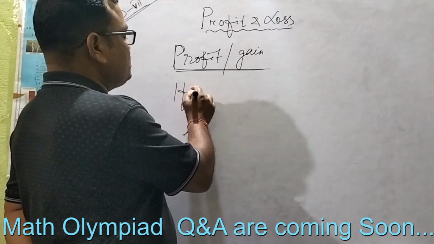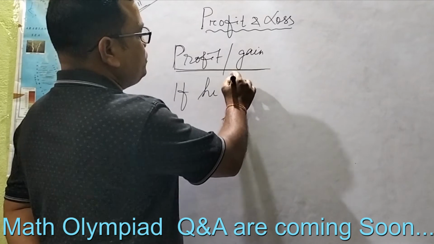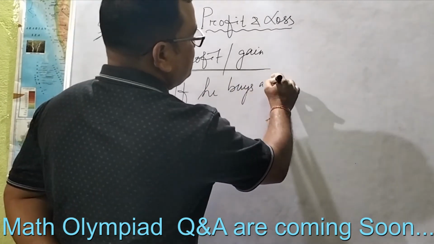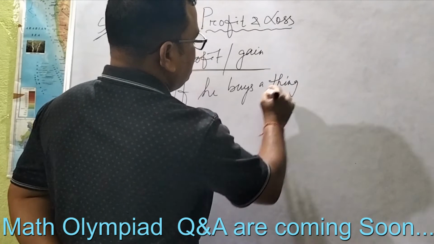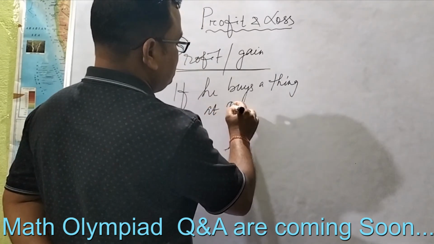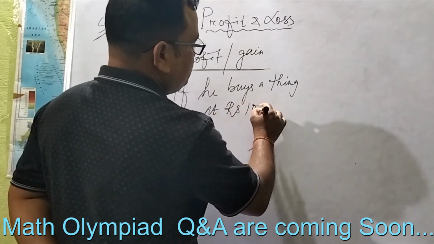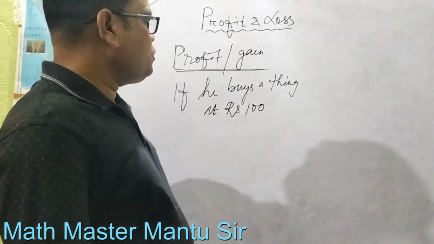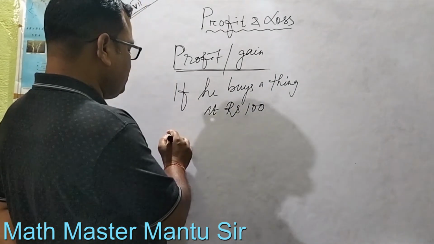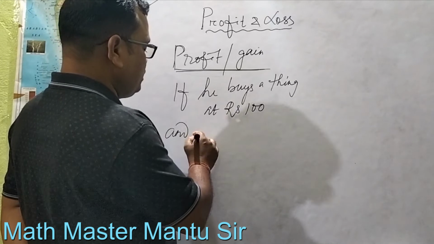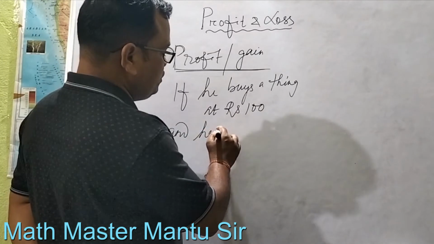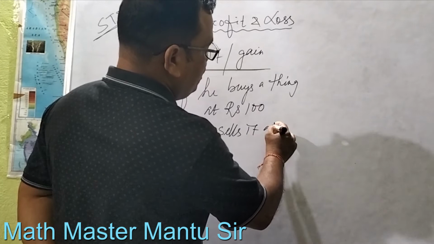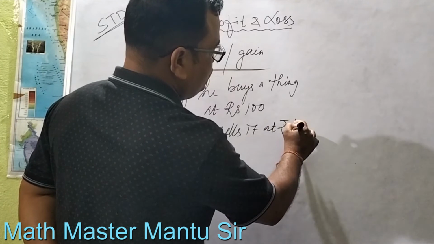If he buys a thing at rupees 100, and he sells it at rupees 110.